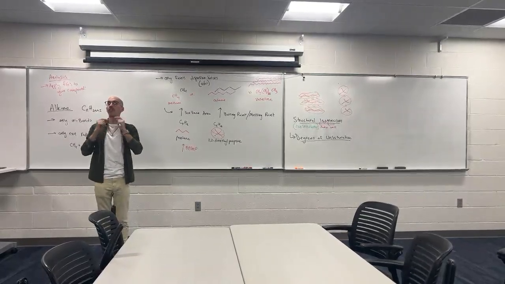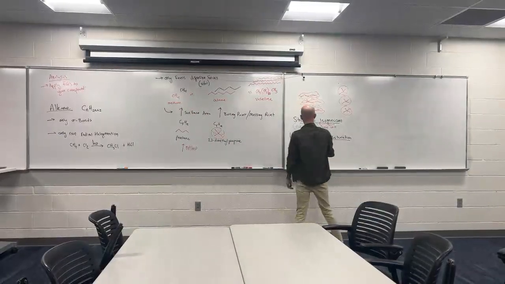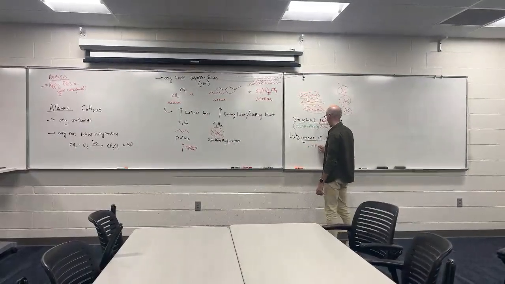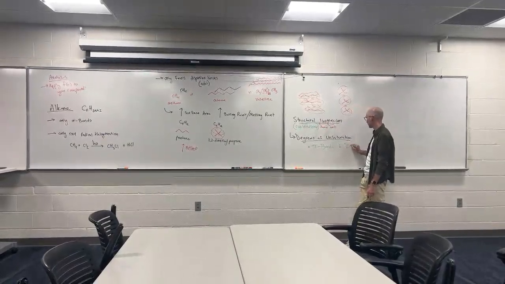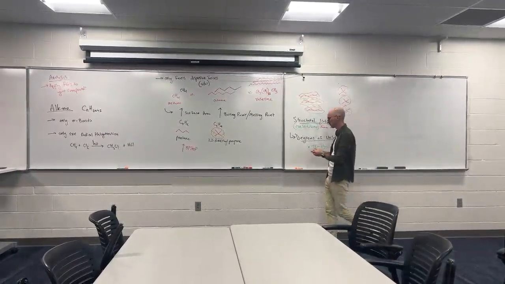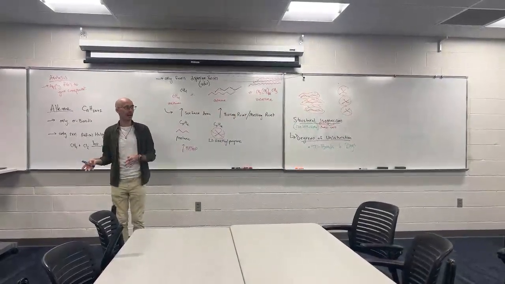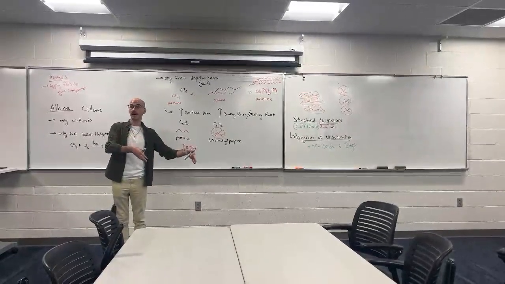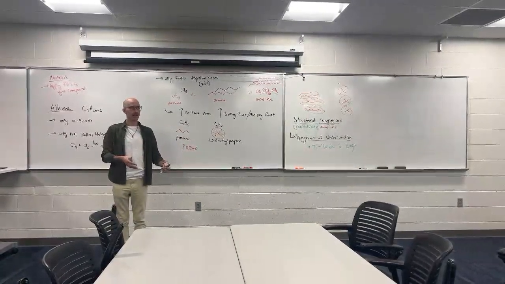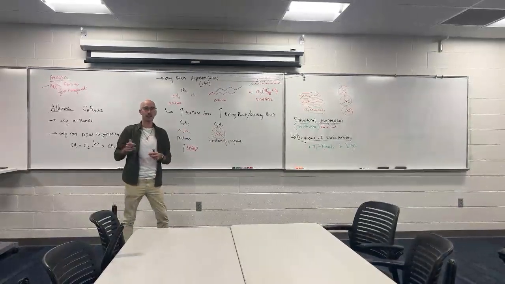So, unsaturation results from pi bonds and rings. That means you could have a compound with a pi bond that has a structural isomer that has a ring without a pi bond, because they would have the same chemical formula, the same degrees of unsaturation.